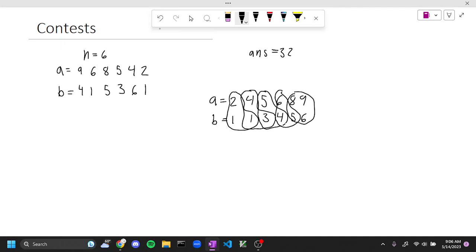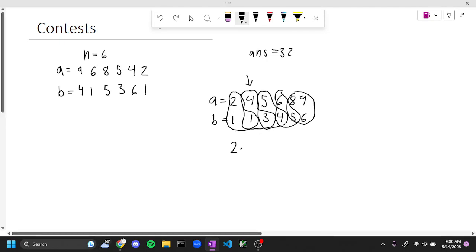Okay, so how do we solve for this? Well, we know that 2 takes up 2 places. And we know that 4 takes up 3 places because it's greater than 3 elements in the array B, which are 1, 1, and 3.